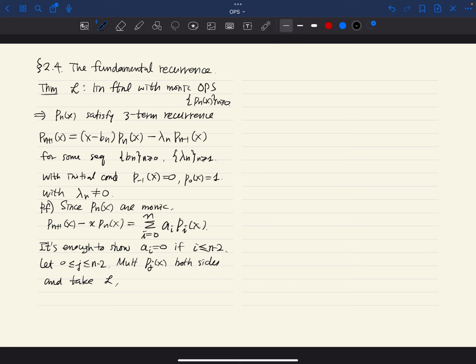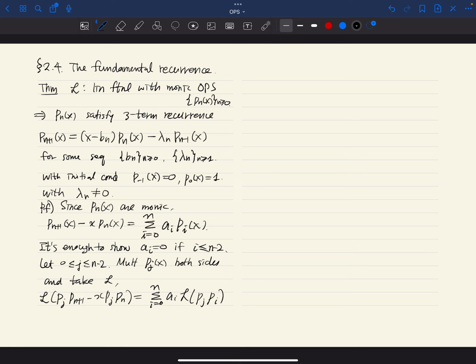Then what do we get? Here, L of P_j P_{n+1}, let me omit x, and L of x P_j P_n equals the summation over i from 0 to n of a_i L of P_j P_i, right?